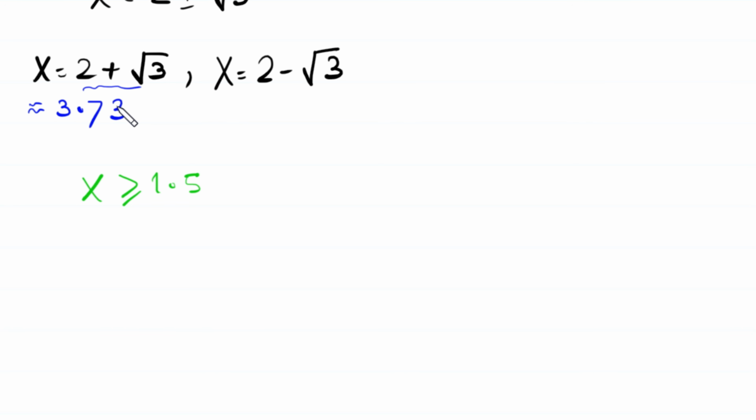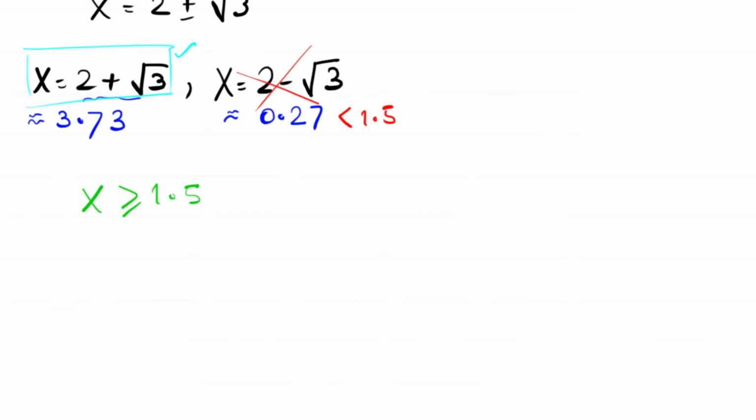So this is a valid root, this is a valid solution. And this 2 minus root 3 is approximately equal to 0.27, which is less than 1.5. So this will be rejected.